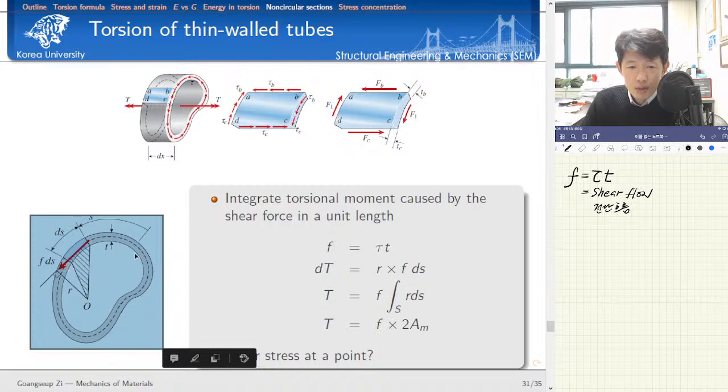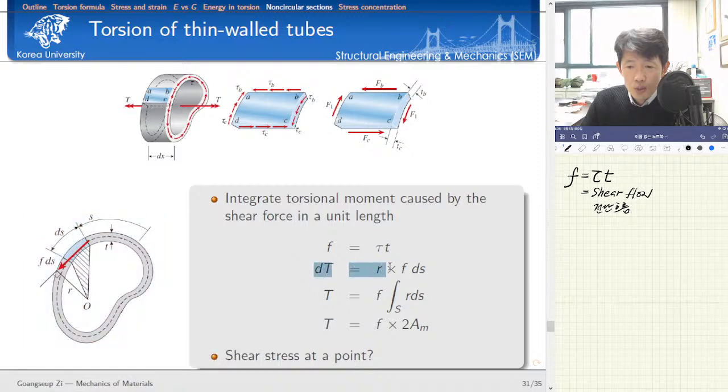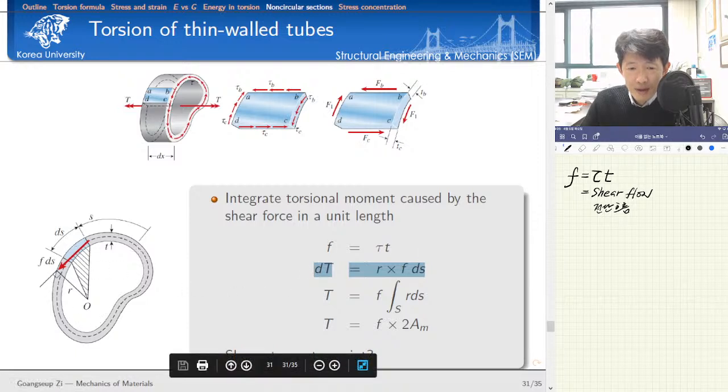Let's try to calculate the torsional moment produced by the shear flow. The force due to the shear flow is shear flow times the length ds, and then we need to calculate the arm length, denoted by the radius r here. This is the small torsional moment. So we need to integrate the small torsional moment over the entire path of the cross section.